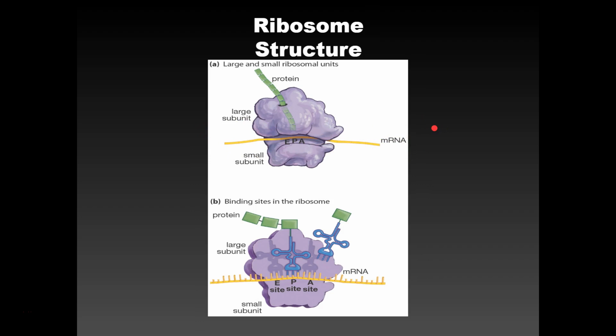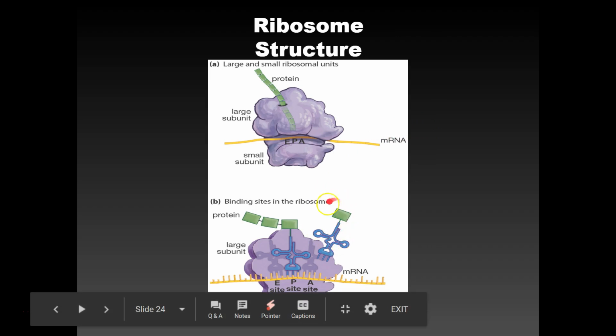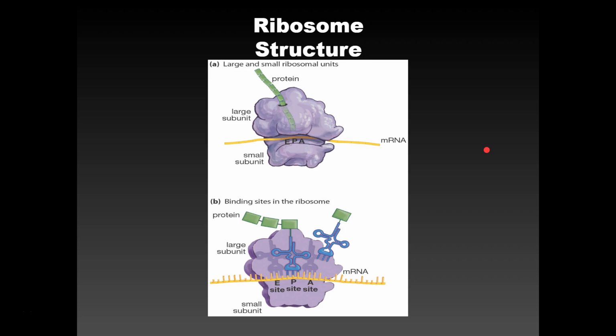As it's feeding through, the ribosome is reading it and using it to say, okay, here's the amino acid I need next for this particular protein. And what it does is it has these tRNAs come in and continuously build this polypeptide, this protein up.